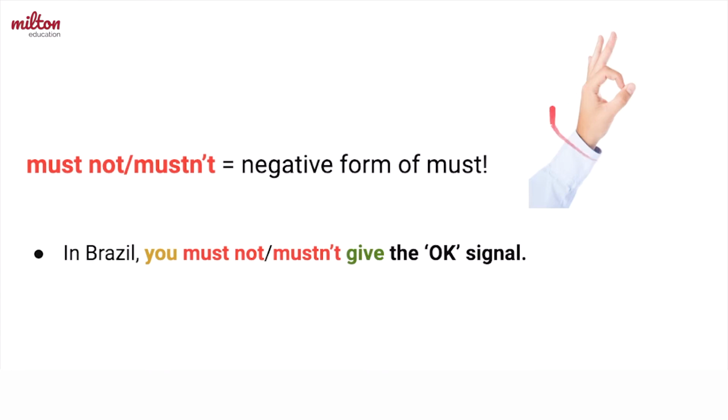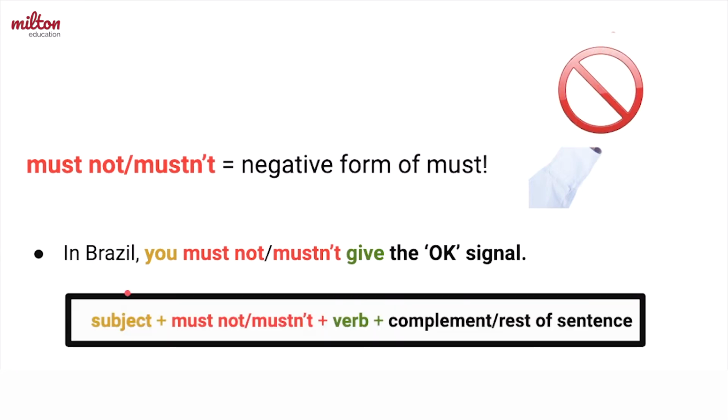This is the OK signal. The form of sentences with must not or mustn't is very similar to sentences with must. First, the subject, plus must not or mustn't, plus the main verb, and finally the complement or the rest of the sentence.